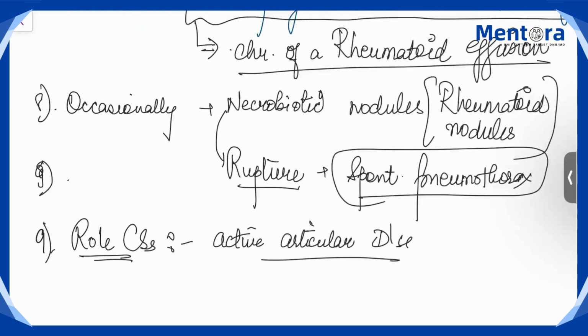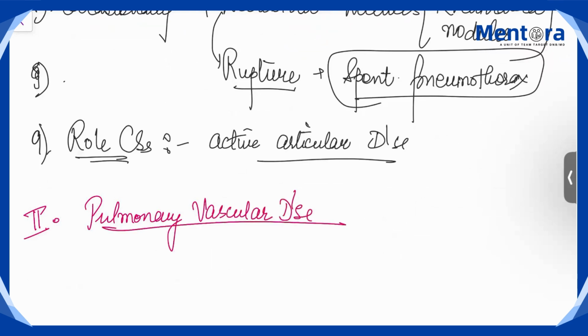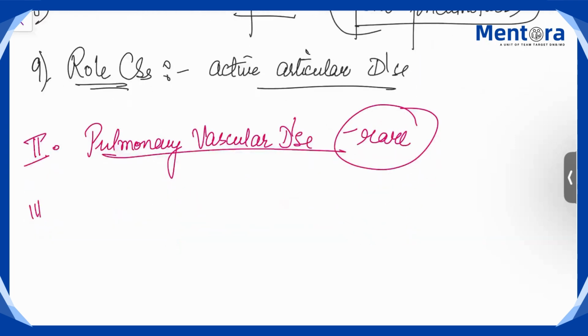Now, this was about pleural effusion. The second lesion, there can be pulmonary vascular disease, and this is rare, not very common.